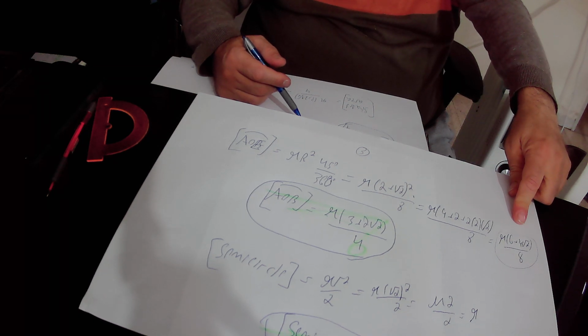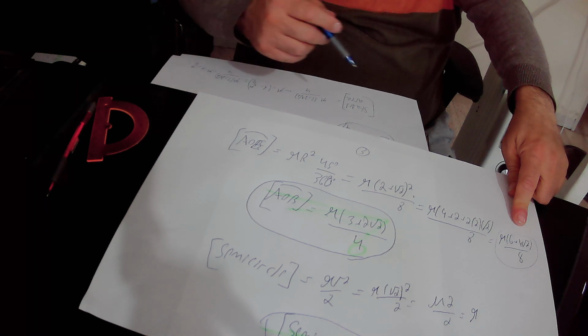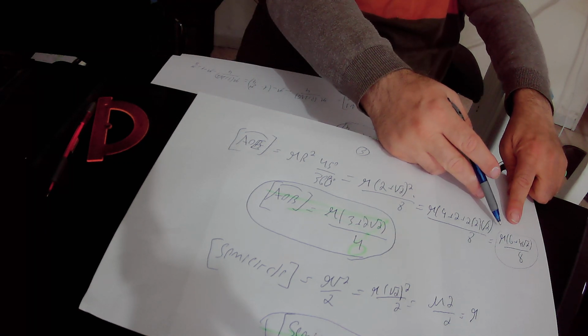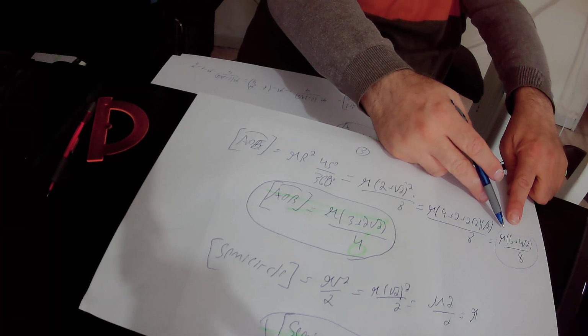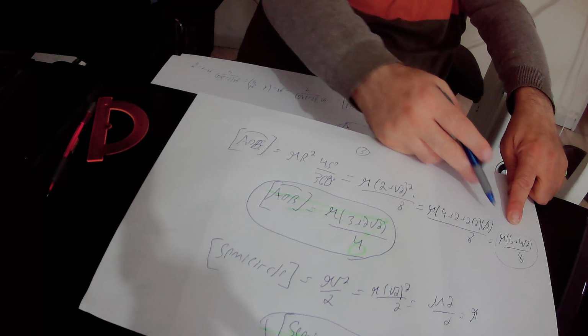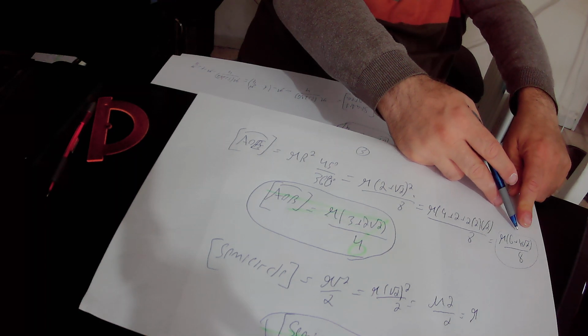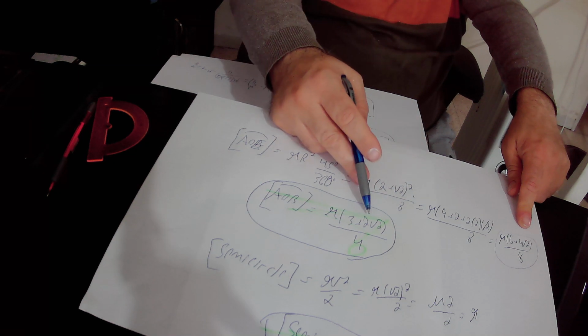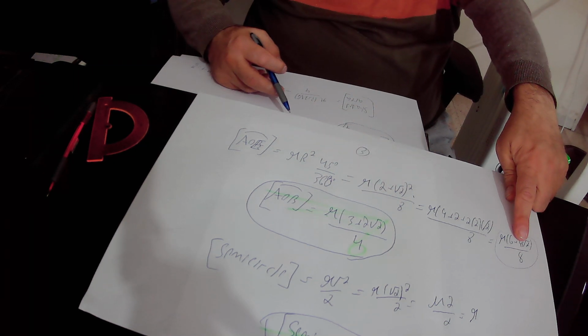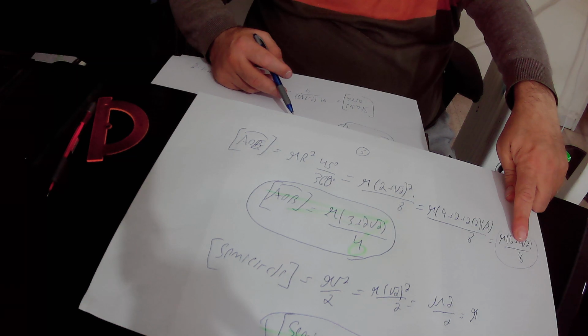Here we divided both the numerator and the denominator of this expression by 2, and in the numerator we have pi times 6, and 6 over 2 is 3, so we have pi times 3, and here inside the brackets 4 times root of 2, and 4 over 2 is 2, so after we divided this expression by 2, we are left with only 2 times root of 2, and we have to divide the denominator 8 by 2, so 8 over 2 is 4.